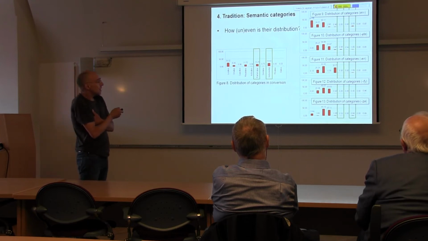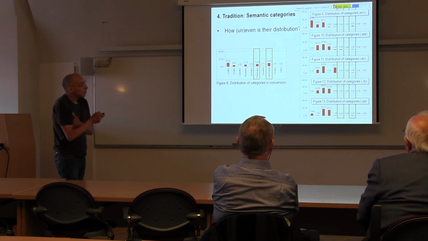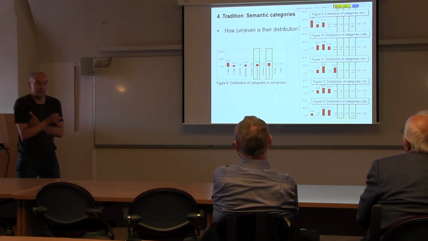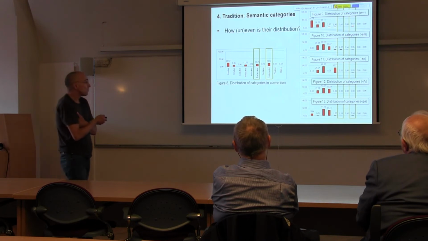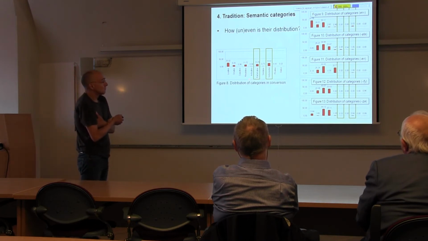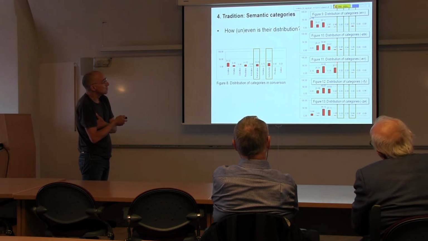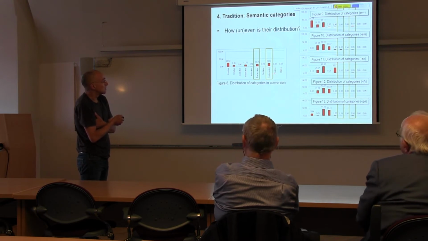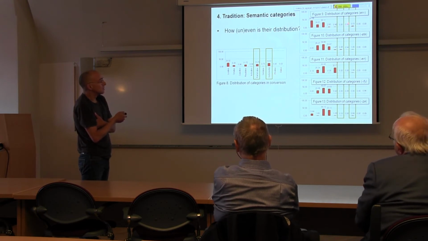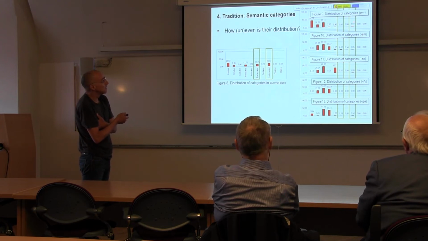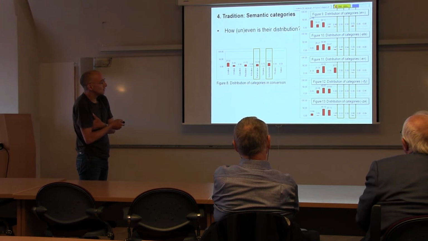And then there are two semantic patterns that are represented in conversion, but are not very strongly represented in the rest of the affixation patterns. So performative is virtually missing throughout, and then instrumental is again virtually missing throughout. There is some here in the case of en prefixation, but otherwise we find very small values.